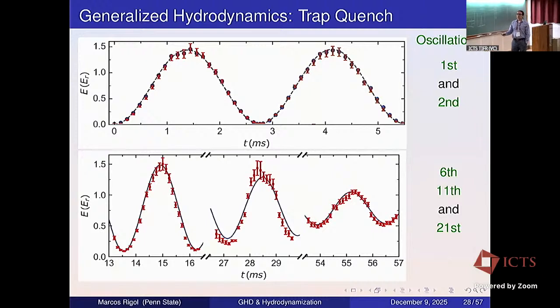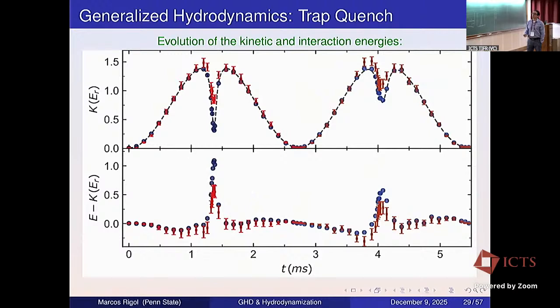Now, this doesn't tell the entire story, because you may say that really there is nothing happening, that this is a smooth thing. Actually, there is a lot happening with the quasi-particles. Think about this: you start with something very dilute, and then you compress it, and it goes to high density. If you go to high density, the effective gamma changes a lot. To see this, we computed the kinetic energy and the interaction energy.